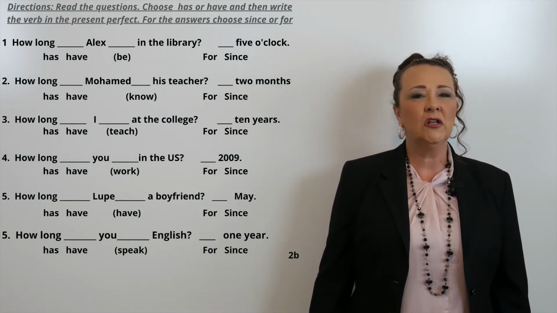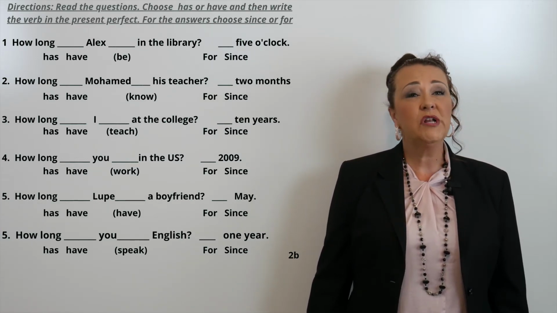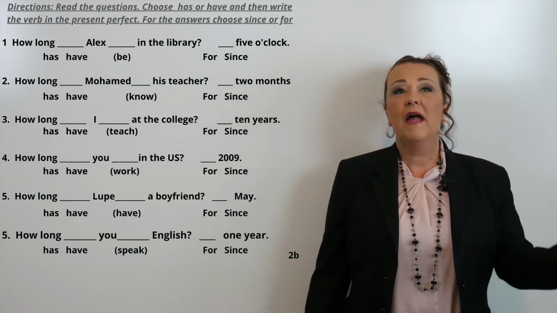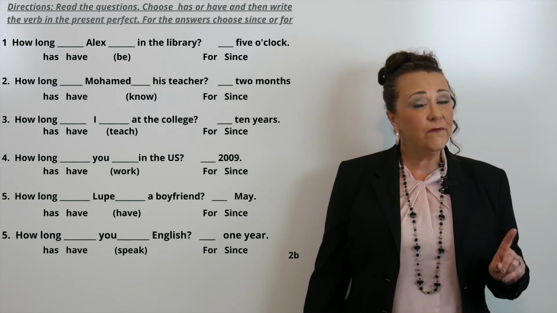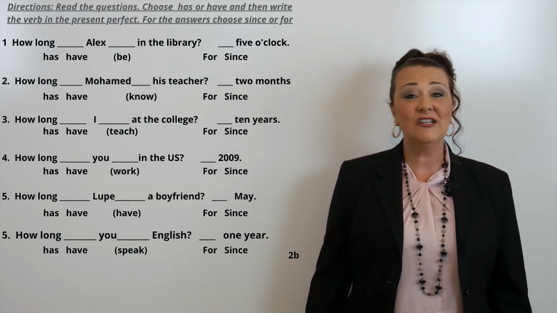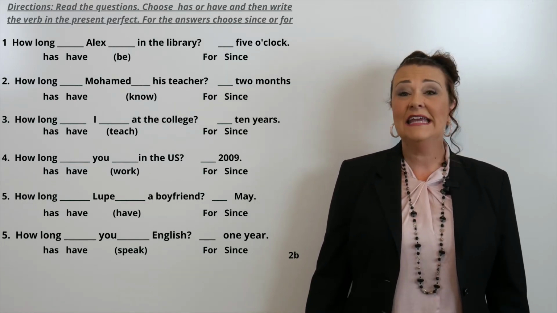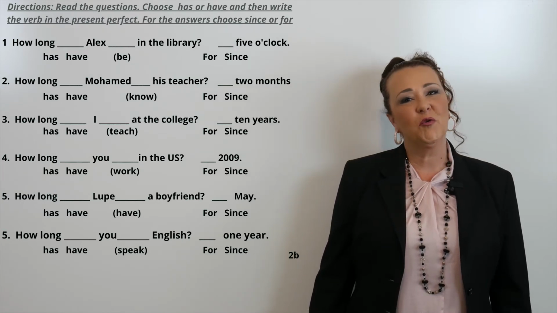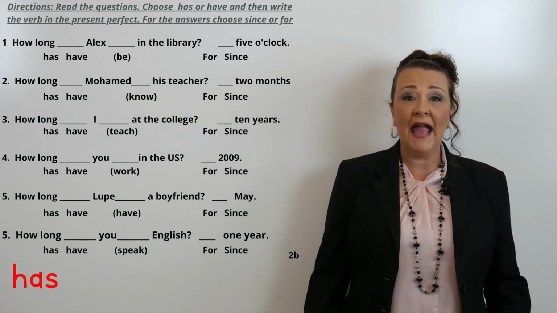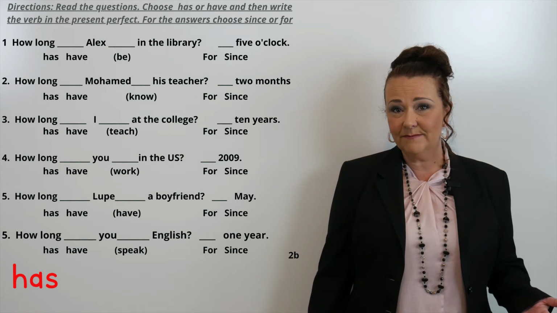Let's go ahead and look at number 1 as an example. So number 1 says, how long, Alex? The first thing I need to do is decide what pronoun I'm going to use for Alex. Since Alex is a he, I know that the correct verb would be has. So now I have, how long has Alex?